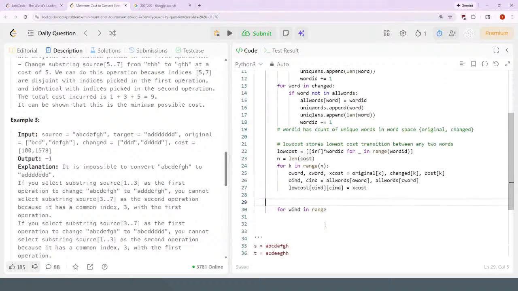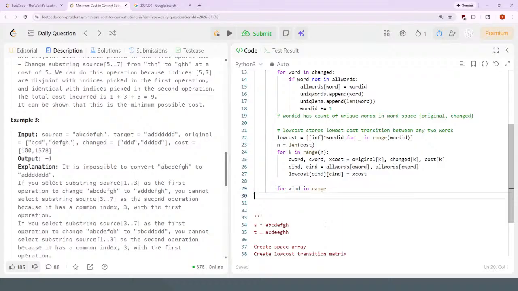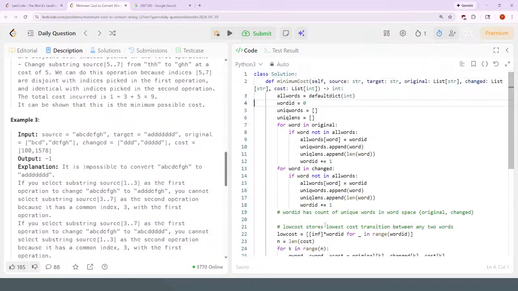I guess that'd be word ID, in range word ID. Maybe I should call this word count. It's pretty much the same thing. Word ID is just the usage of word count at some points.